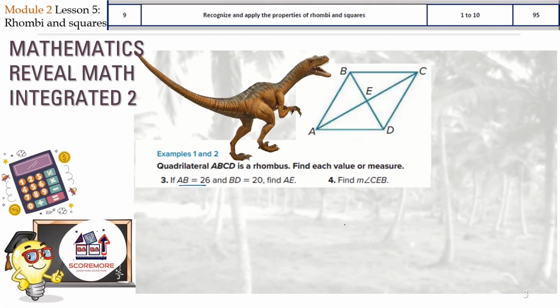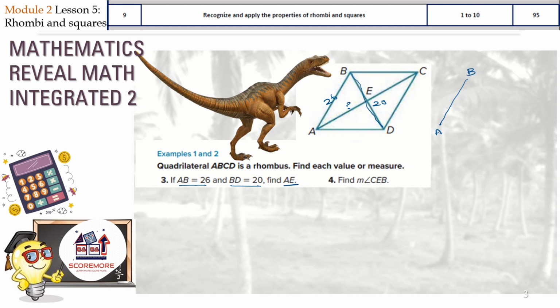Let's move on to question number 3. AB is 26 units, BD is 20 units. We are supposed to find AE. To make my life simple, to make it easier, I'm just going to draw the triangle separately so that I can find the value.